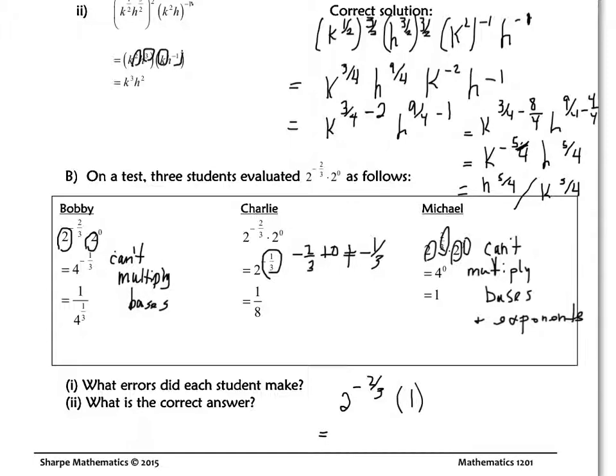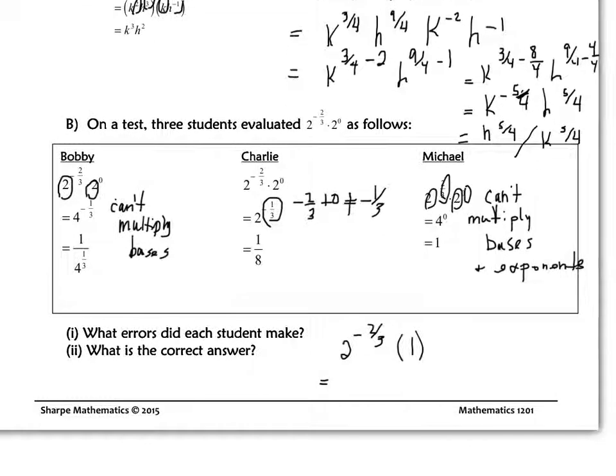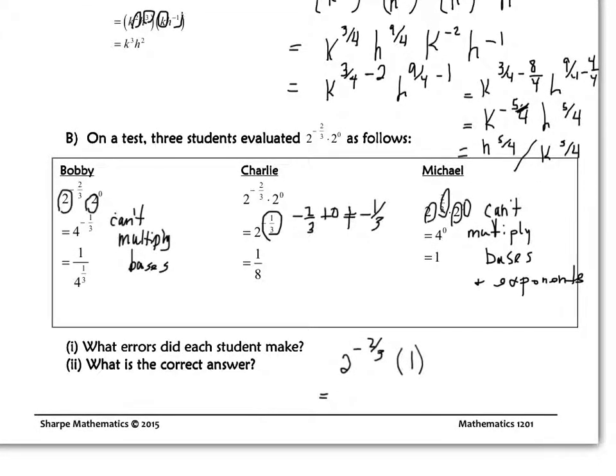So that would be 2 to the negative 2/3, which is 1 over 2 to the 2/3. That would be the cube root of 2 squared, which isn't a really nice number. So that's as much as I would probably do there, unless you want to use your calculator to evaluate it approximately.